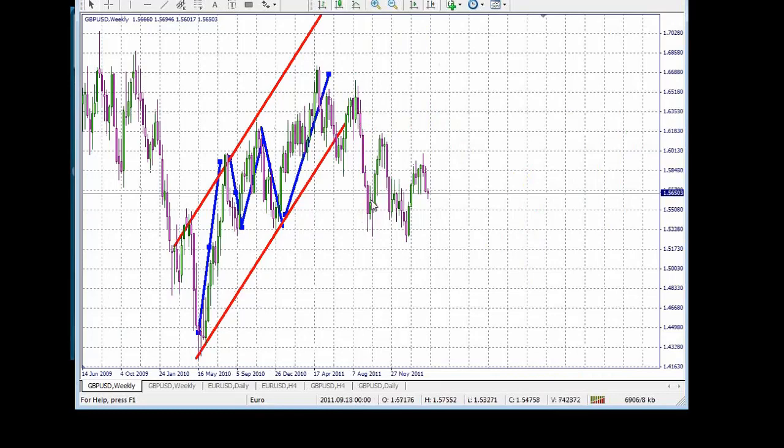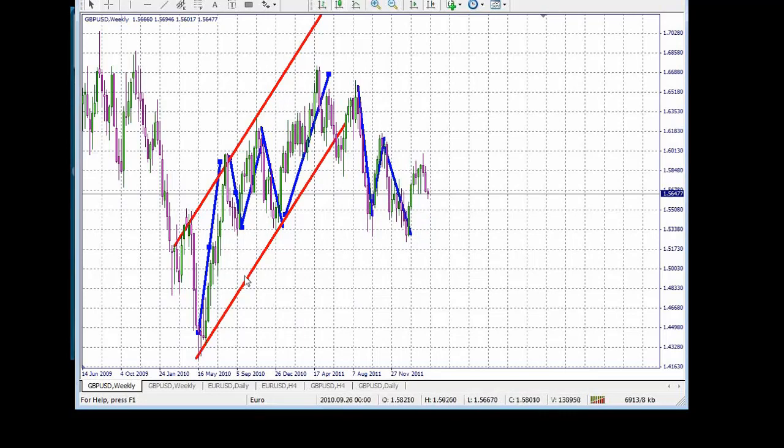And after that we have those corrective waves. So we can say that on the pound we have one complete cycle, and we have to see what direction the pair will take in the future.